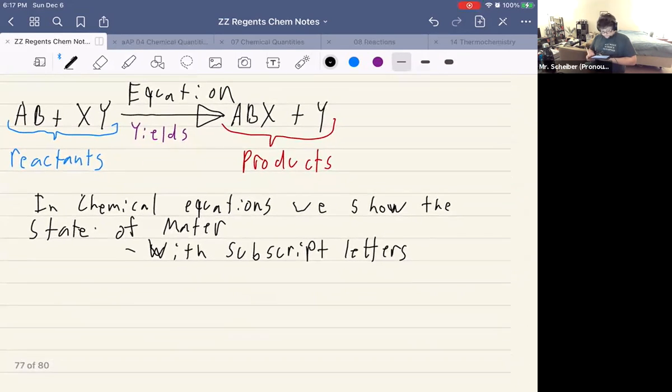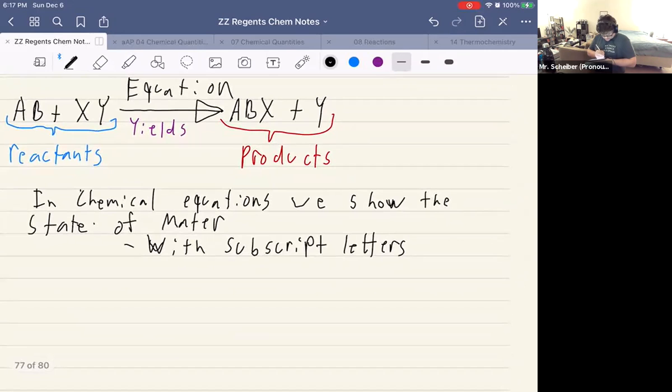Our letters are s, that's a lowercase script, l, g, all lowercase, and aq. It's also common that sometimes we put them in brackets, curly brackets as we call them.